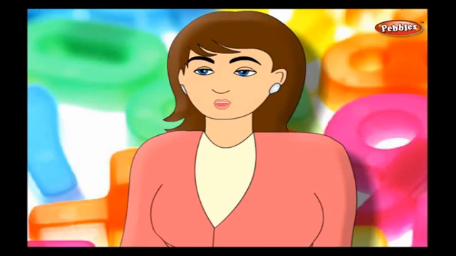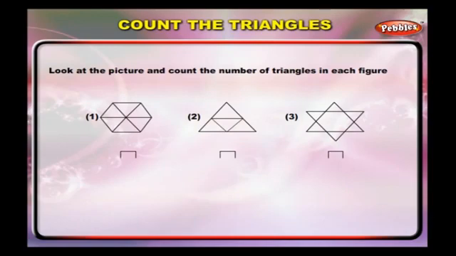Look at the picture and count the number of triangles in each figure. In figure 1, we have 1, 2, 3, 4, 5, 6 triangles. In figure 2, we have 1, 2, 3, 4, 5 triangles.